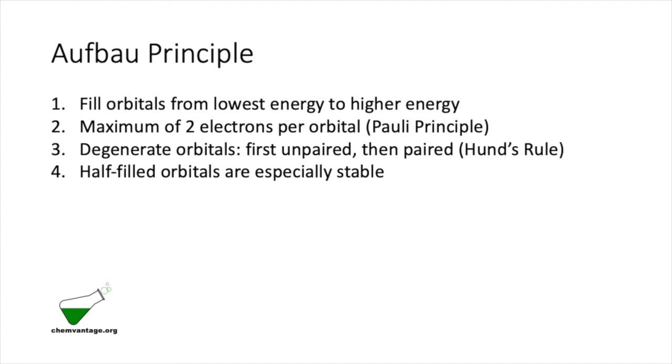Third, for any set of degenerate orbitals that have the same energy, the lowest energy configuration is the one with the maximum number of unpaired electrons. This is called Hund's rule. And finally, half-filled orbitals are especially stable, so sometimes a 4s electron will pop over to the 3d shell, as in the case of chromium atoms.